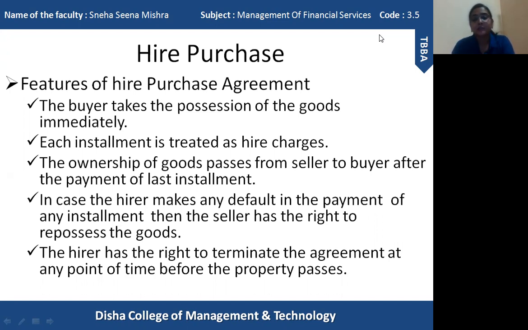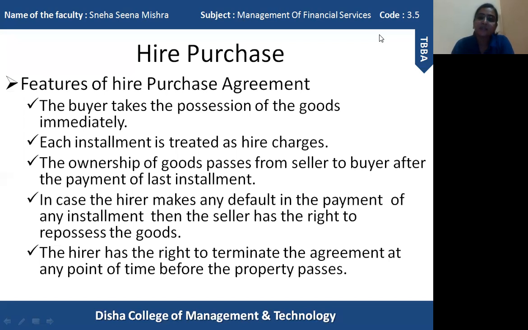But what if the buyer is unable to pay all the installments? Suppose there are 10 installments for a particular property and the buyer was capable of paying only 5 installments. So what will happen after the payment of 5 installments? The seller can take back the possession of the goods, and the installments already paid by the buyer will be considered as hire charges, because while making the payment of the installments, the buyer was using the product.